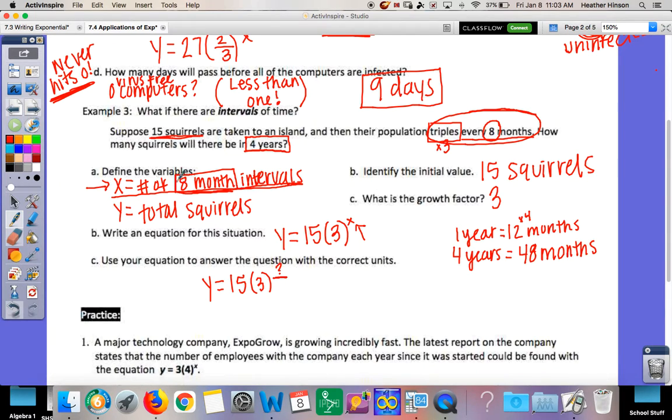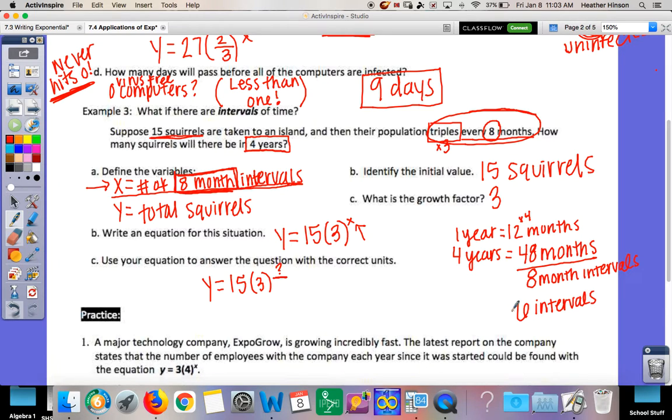It's changing every 8 months. So because it's changing every 8 months, we're going to divide this by our 8-month intervals to see how many times it actually changes. So 48 months divided by 8 months is going to give us 6 changes, 6 intervals.